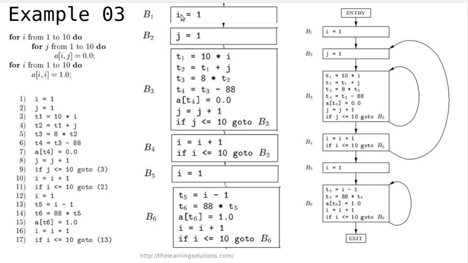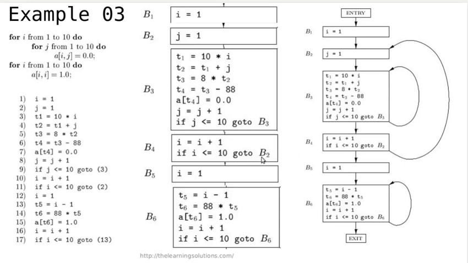Now for the flow graph, understand where the flow of control is moving or transferred. So we'll start with B1. B1 to B2 flow is possible, B2 to B3 flow is possible. Also, because of go to B3, B3 to B3 self control is transferred. Then B3 to B4 is possible.